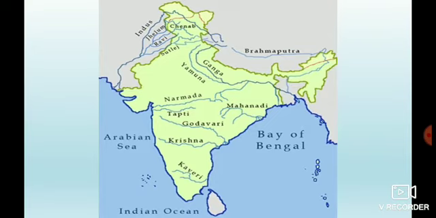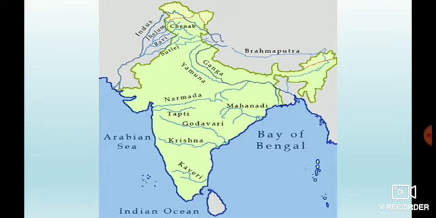These are the rivers in the Western Ghats, okay? They flow eastwards in the Deccan Plateau and they join into the Bay of Bengal. So the rivers Mahanadi, Godavari, Krishna and Kaveri start from the Western Ghats.